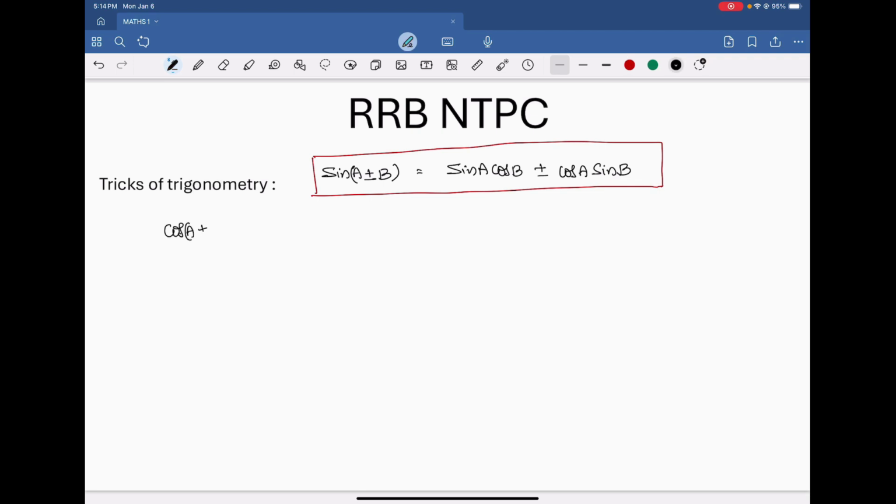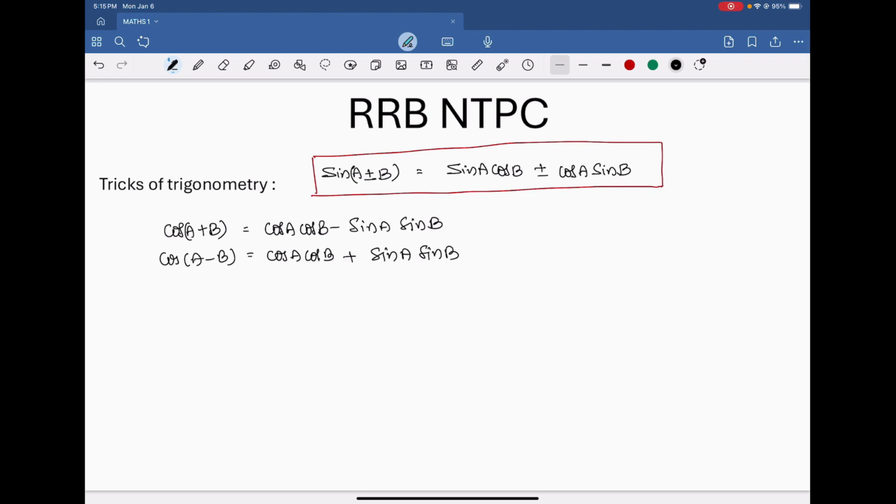Similarly, let us write for cos A plus B. Cos A plus B is equal to cos A cos B minus sin A sin B. Similarly, cos A minus B is equal to cos A cos B plus sin A sin B. Please try to understand the signs.